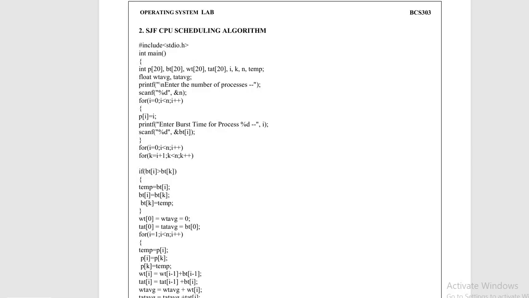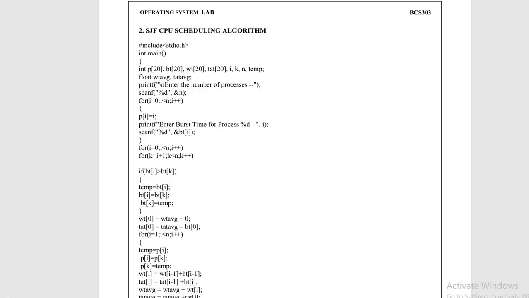Where i is used for loops, n is used for the number of processes, and temp is the temporary variable used for swapping during sorting. Next we are using average waiting time and average turnaround time with the help of the floating point data type, because we get values like 19.2, 11.2 and so on, so we are using the data type called float.